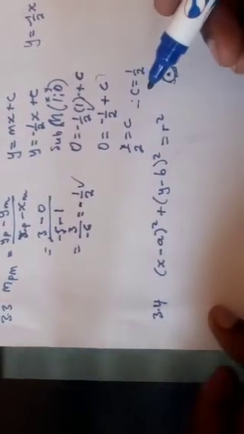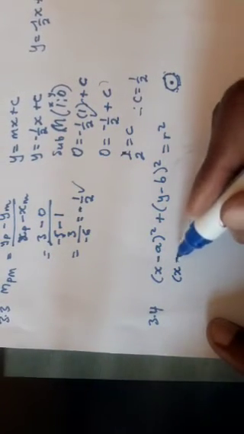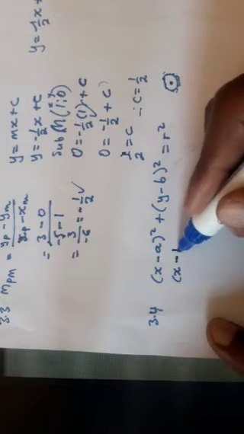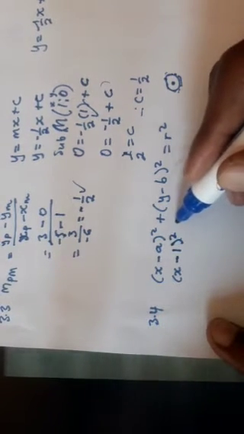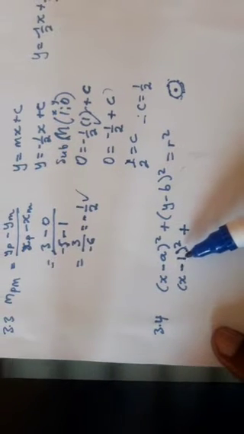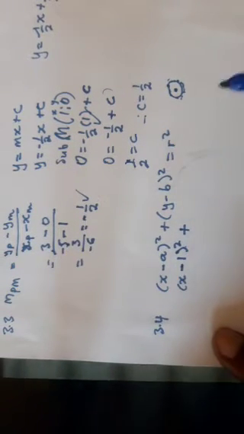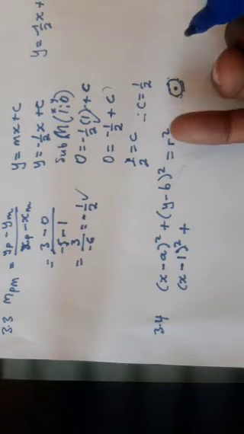So our equation of a circle: the center is 1 and 0, so x is 1 and y is 0. Substituting, we get x minus 1, all squared, plus, as in the formula, we take the numbers from the question.